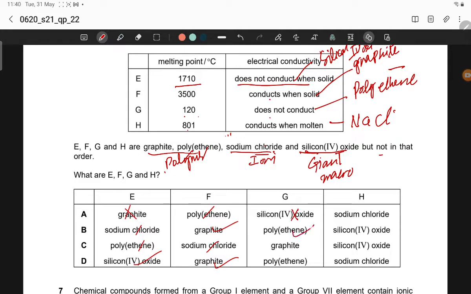Polythene is correct, graphite is incorrect. H is sodium chloride, which is correct. So D is the best option because all 4 substances are correct.